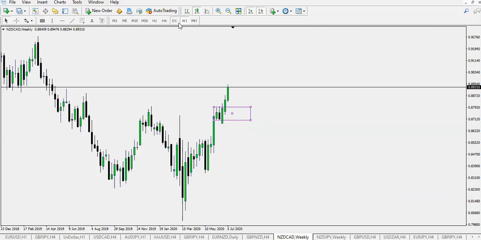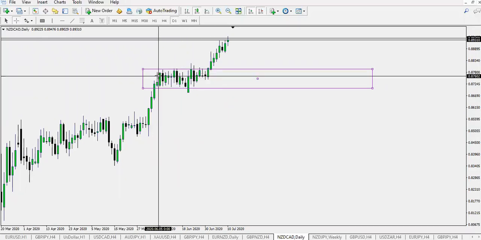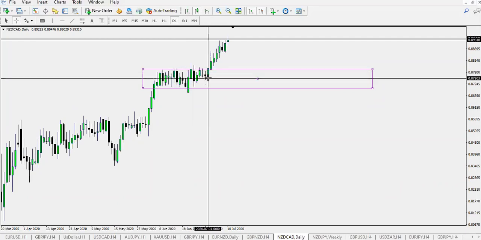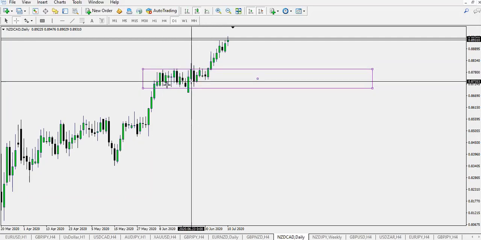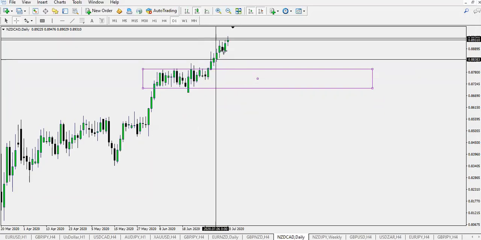And if we go down to a daily order block, you can see that this order block on the weekly was basically a daily accumulation of a weekly period of where price was trading in, and then obviously there was a breakout.